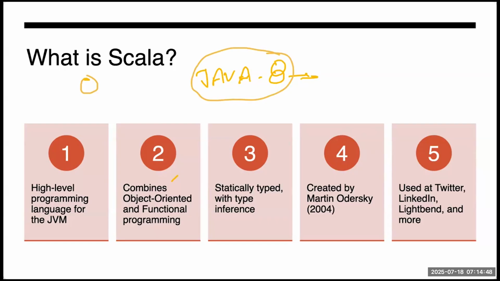But it is not functional programming, it is still object oriented programming. Scala is functional programming as well, and we'll see why we call it that. Scala has both object oriented as well as functional programming.